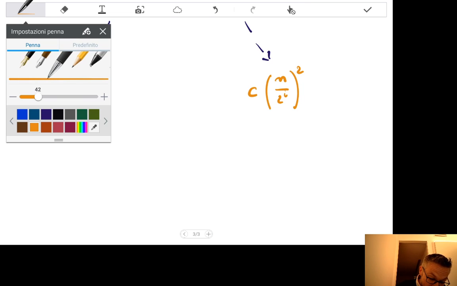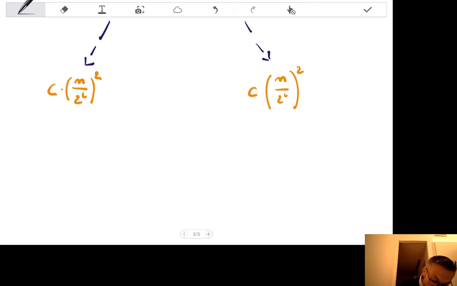And as I said, what's the height of this tree?